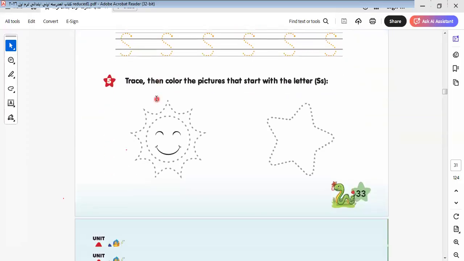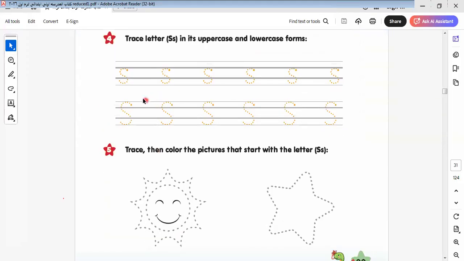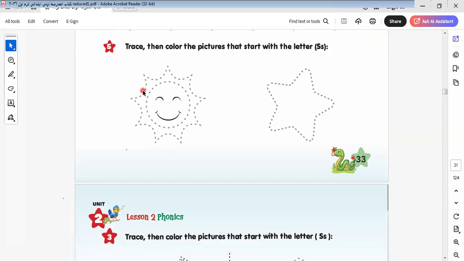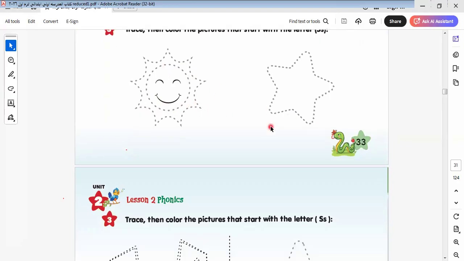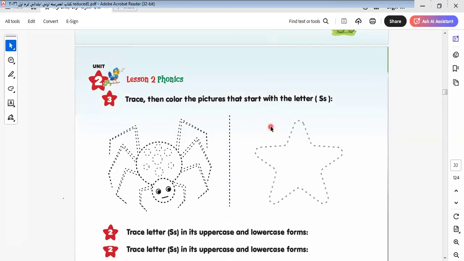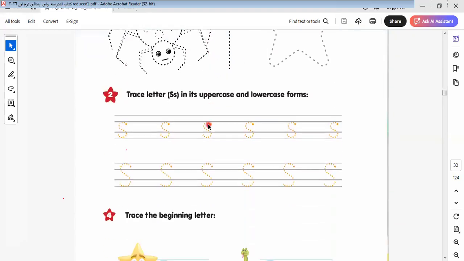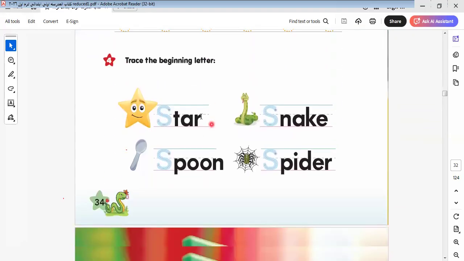Here we can also write the capital S and small s, uppercase or lowercase, as we know. Here you trace the sun and the star to color. This is the same as the last one. Here, trace the beginning of the letter. Here it will be S, like the word star.